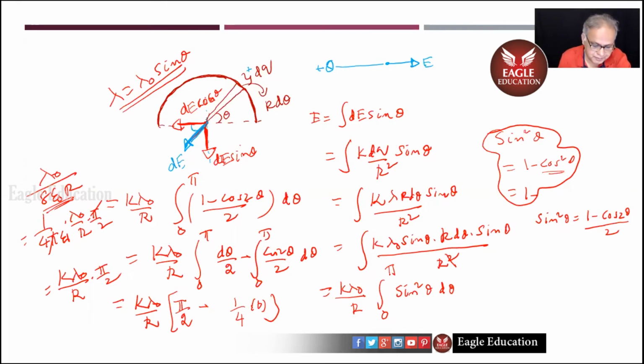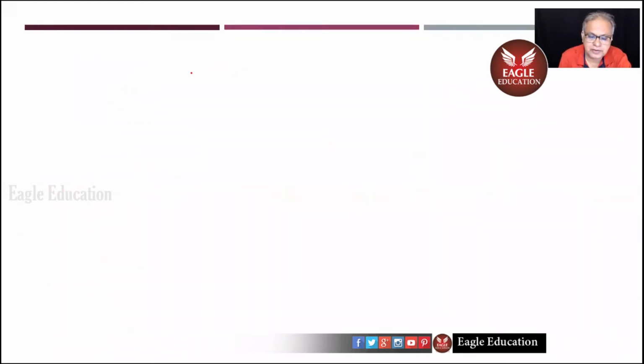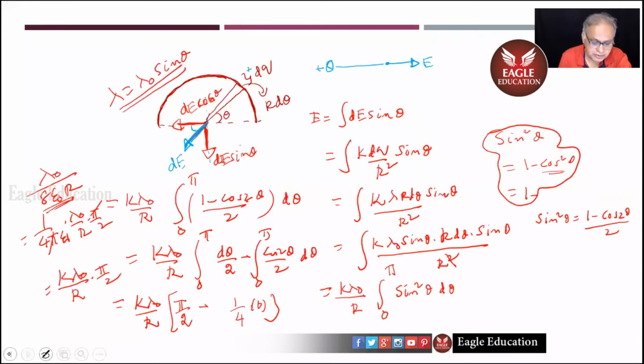Let me check. I'll just remember what that is. dE cos theta, right? So Ex, that is, of course, in the opposite negative direction. Integral of dE cos theta is what we were doing, right? Isn't it so?